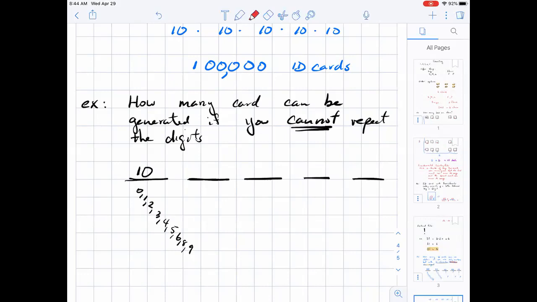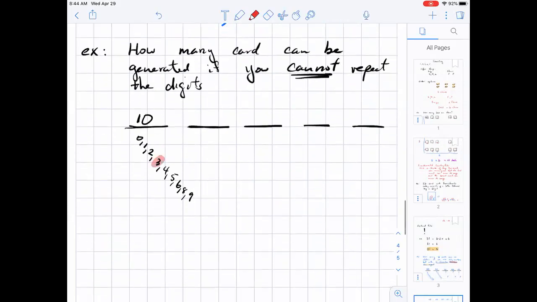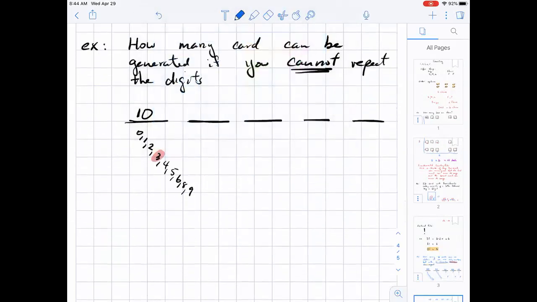But let's assume that you had used a 3. So what we're saying is that in our ID card, the first digit is a 3. Now you cannot repeat. So in the next time around, you have 0, 1, 2, you've used 3, 4, 5, 6, 7, 8, and 9.